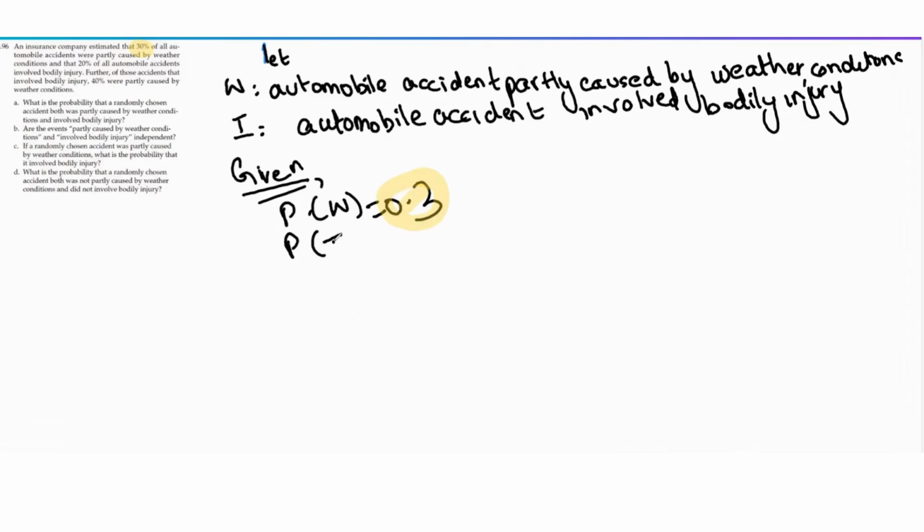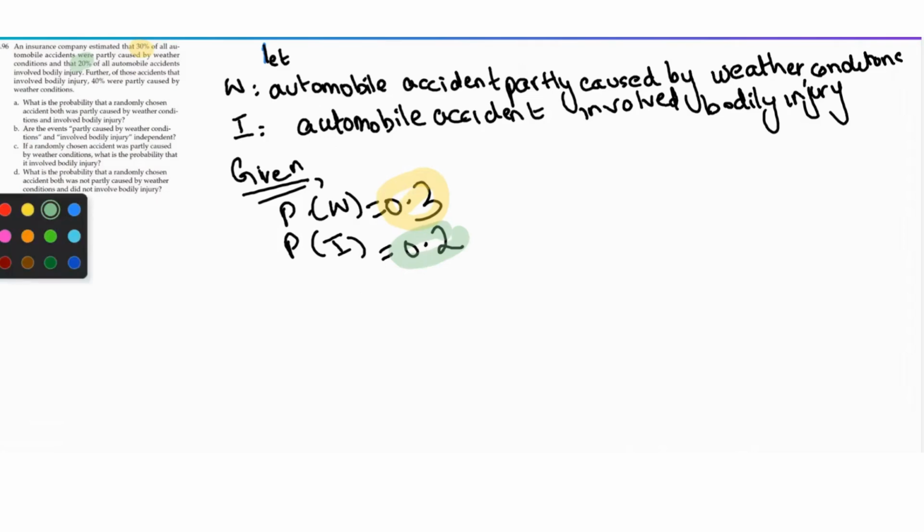So the probability of I is 0.2. So first we're just defining our events and looking at all the information given to us, before we can actually proceed with the question.